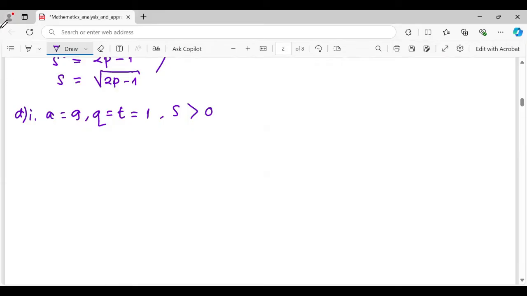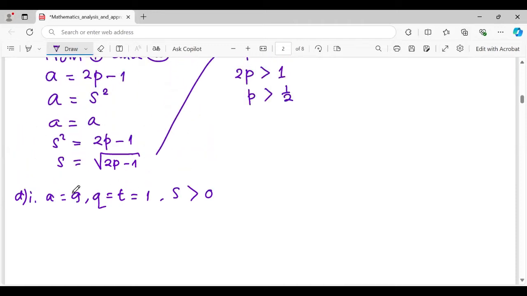From this equation, a equals 2p minus 1. If a equals 9, it will be 9 equals 2p minus 1, and it means 2p equals 10, and p equals 5.